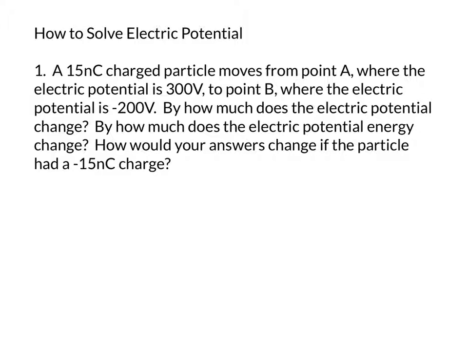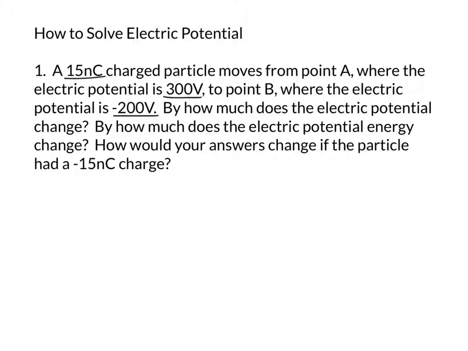Okay, so we've got a particle who's going to move from a point where there's a high electric potential to a point where there's a low electric potential, and he has a positive charge. And we're going to ask, how much does the electric potential change? That by itself is a fairly easy question.